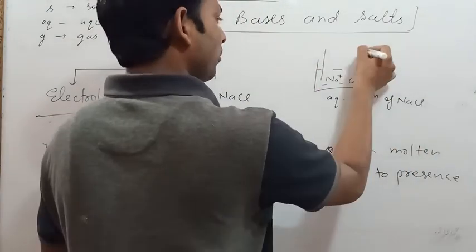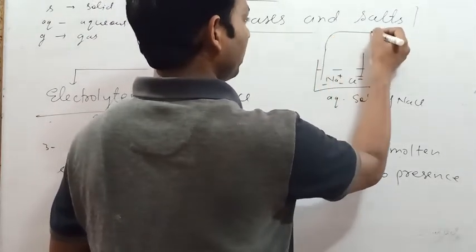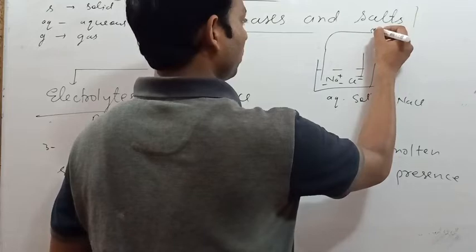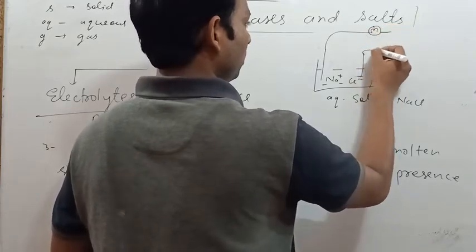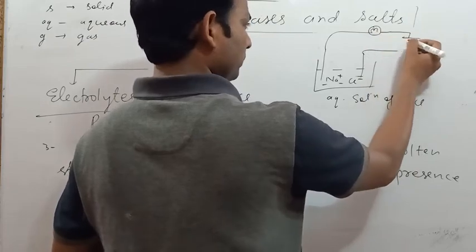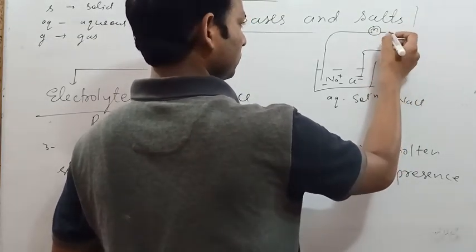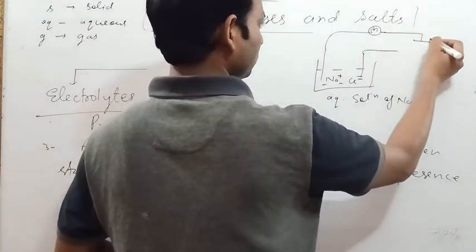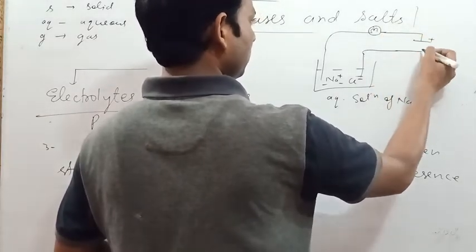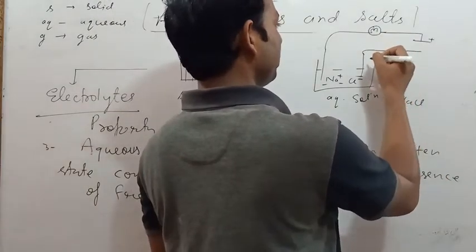I am going to put electrodes in it, and after this I am going to connect it with a bulb and a cell. Suppose this is plus and this is minus, and the first point is connected with plus.